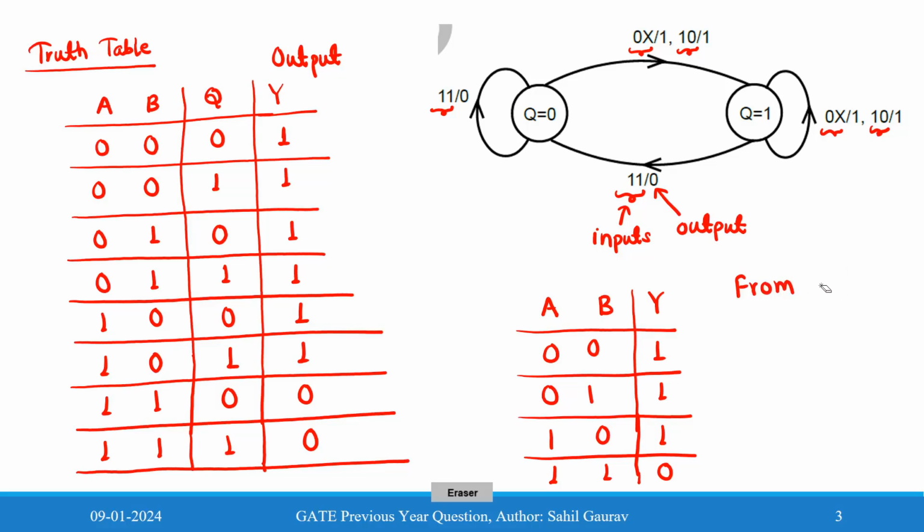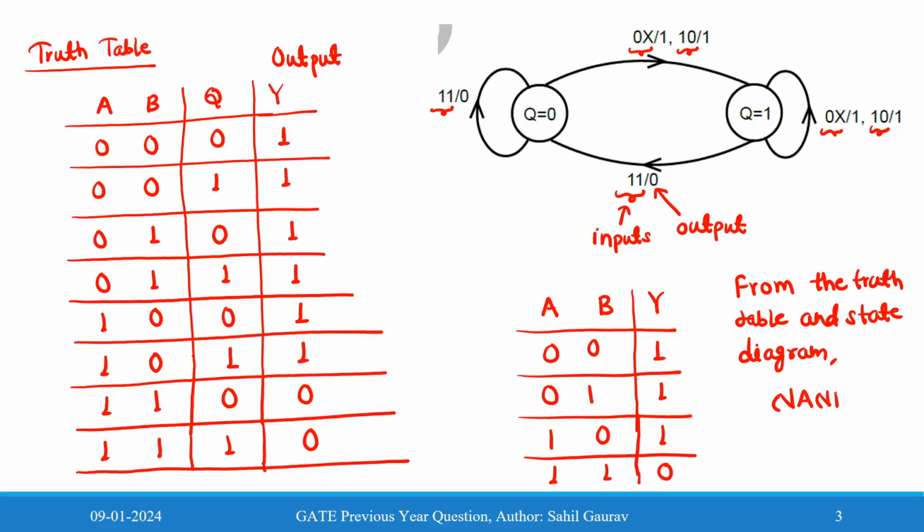From the truth table and the state diagram, we can say that this state diagram represents the NAND logic gate.